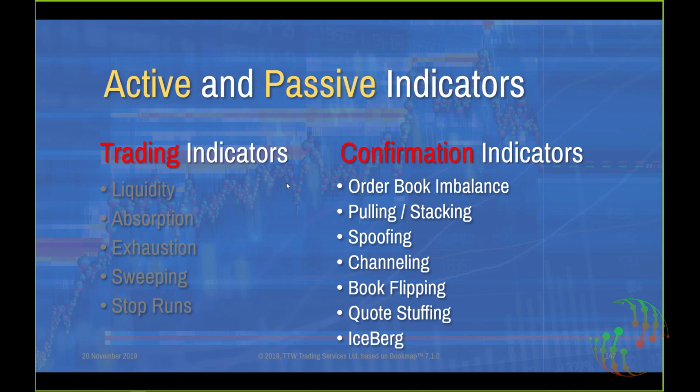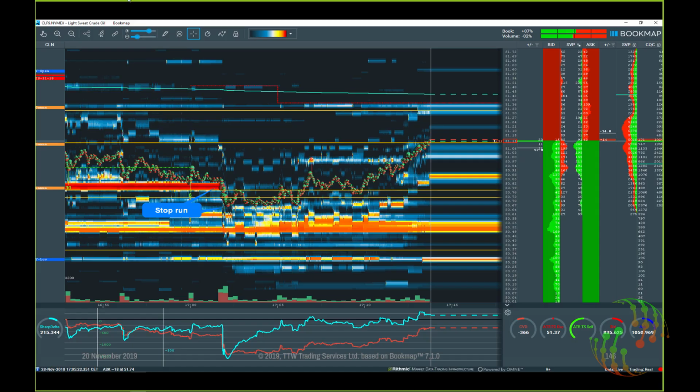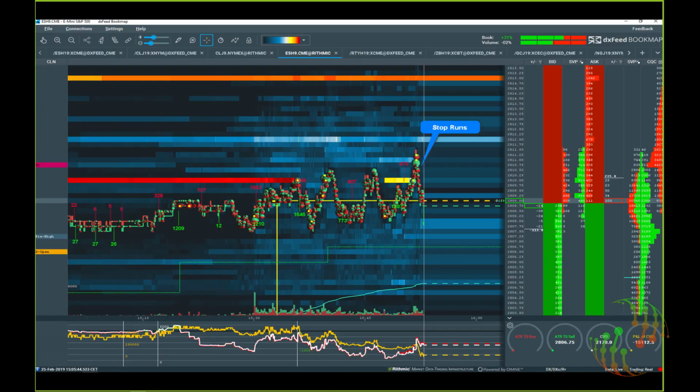Not really, George, but it completes the picture of trading indicators, because stop runs are happening now and then, and there is no explanation for this behavior.